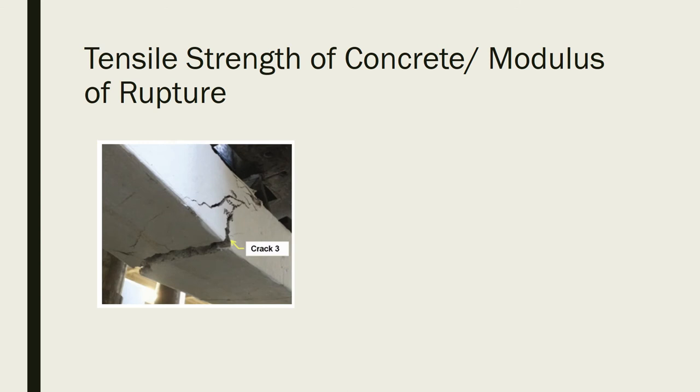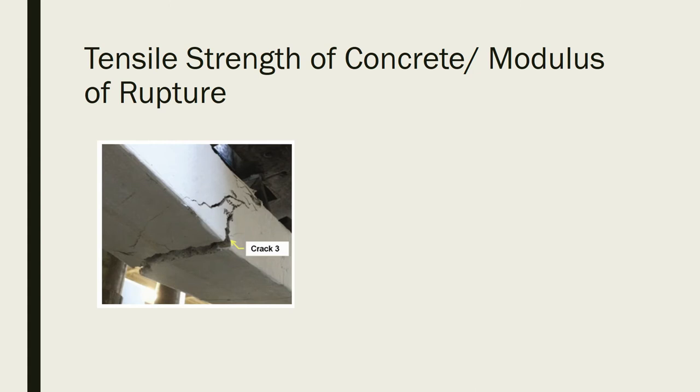So if you see this particular beam, here you can see a crack just at the soffit or the bottom portion of the beam. Two parts of the beam are moving away from each other. That means tension must have developed there, so we have this kind of crack. Now for tension we need to know how much strain is the limit.